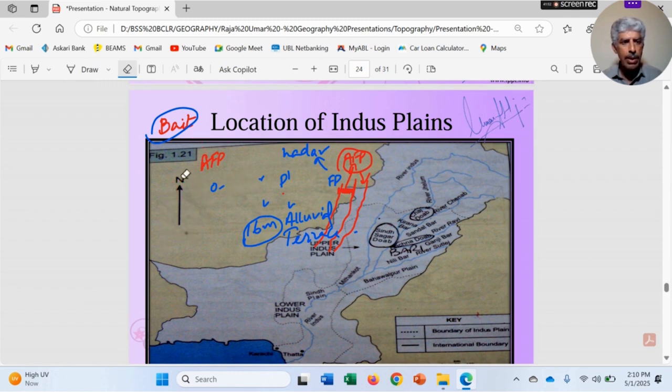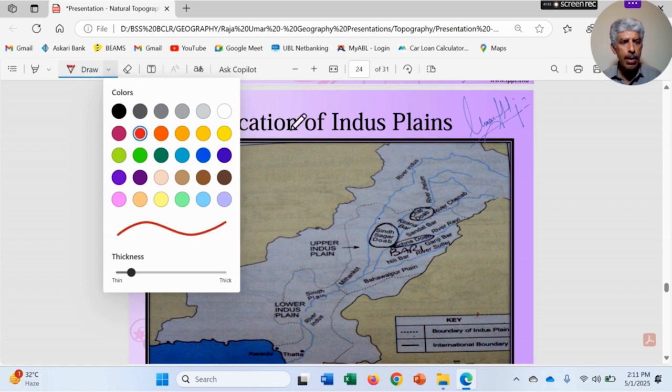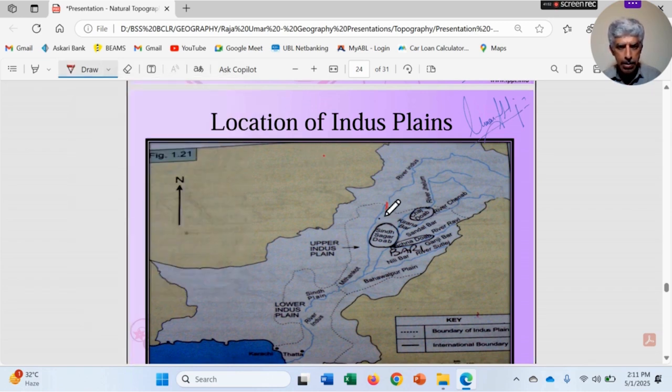So that is the classification of Doab, and you can see there are certain Doabs in Punjab province, as there are more rivers flowing. So whenever there are more rivers, the land between those rivers is known as a Doab. The Doab between river Indus and river Jhelum is known as Sindh Sagar Doab.